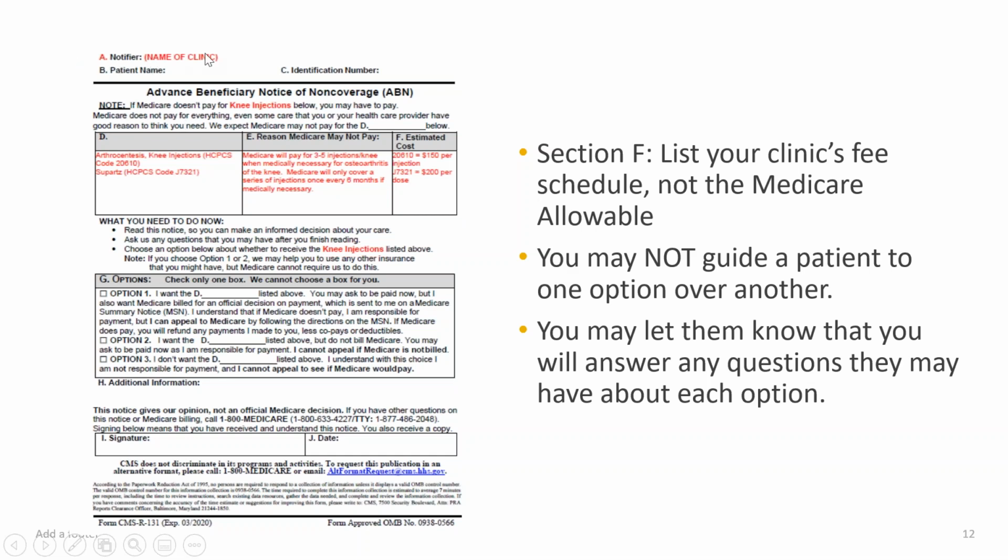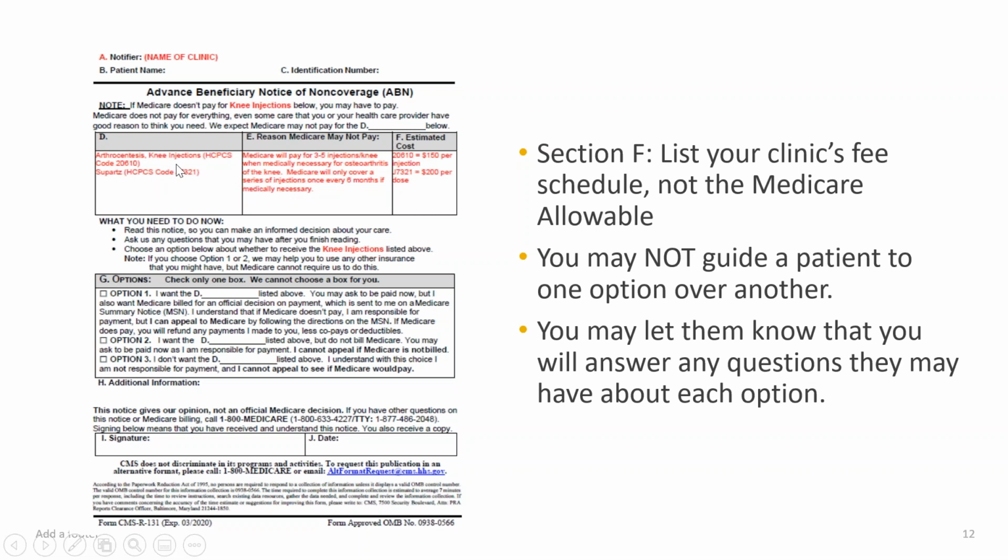The notifier would be the name of the clinic, their address, and phone number. If you want to pre-populate the form, you would fill in all the information as to what the procedure is and why Medicare might not pay.